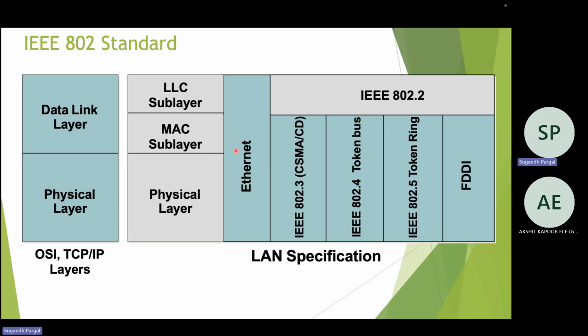Broadly, the protocol implemented is Ethernet, and the protocols used to implement the MAC layer along with the physical layer are IEEE 802.3, that is CSMA/CD, then the token bus protocol 802.4, and 802.5, that is the token ring protocol.